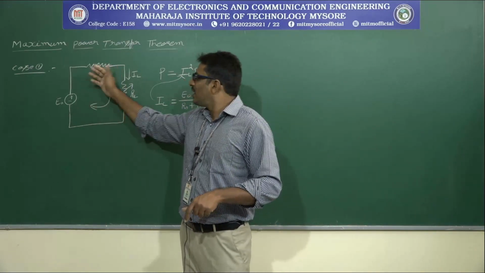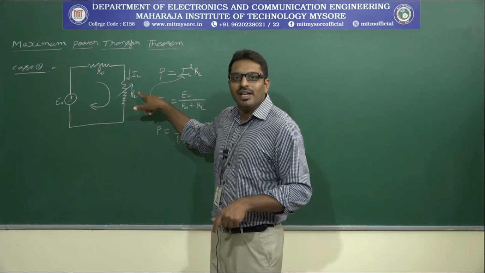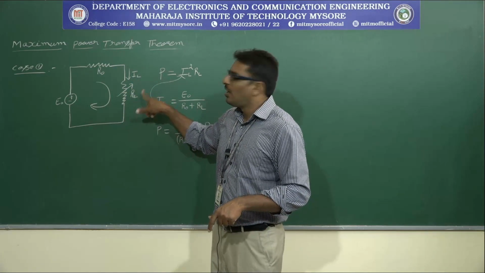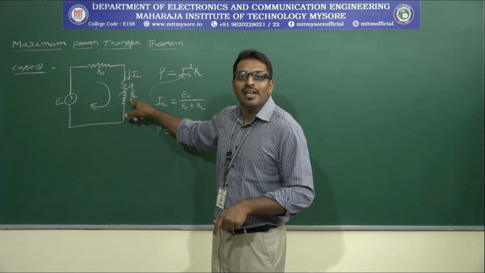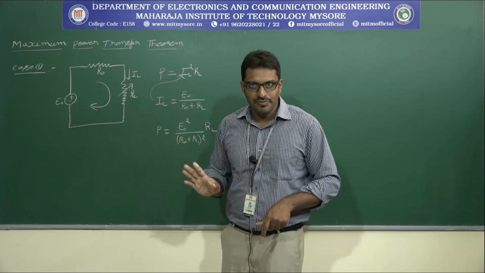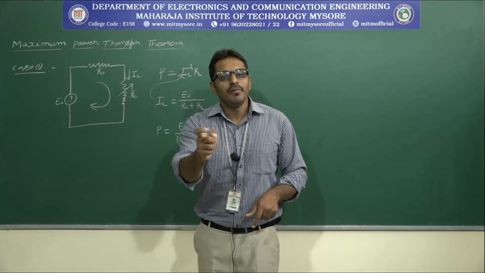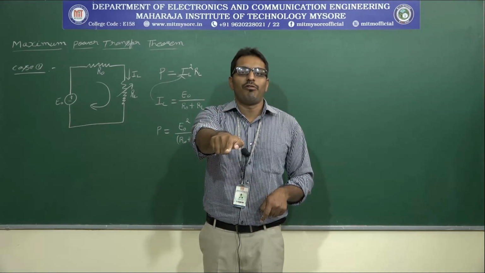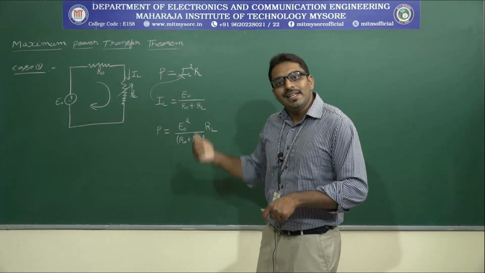Supply is fixed, internal resistance is also fixed. The only variable thing in the circuit is the load resistance. That's why it is represented as a variable load resistance. So, in any system, if you want to find a maximum value, differentiate that value with respect to the variable present in the system.